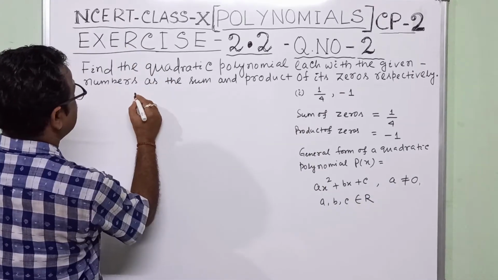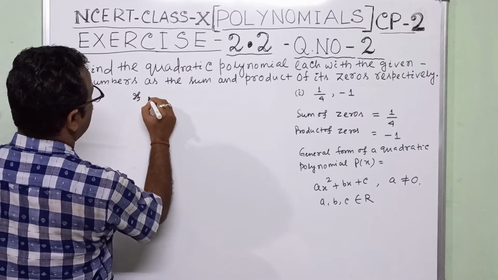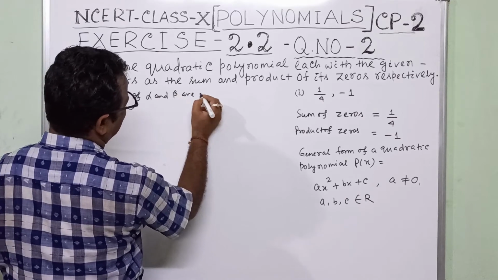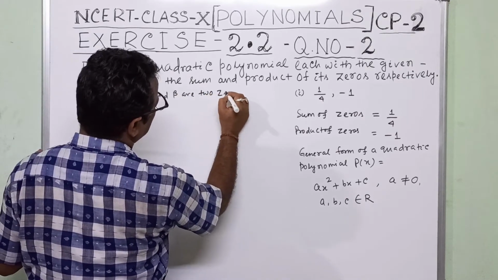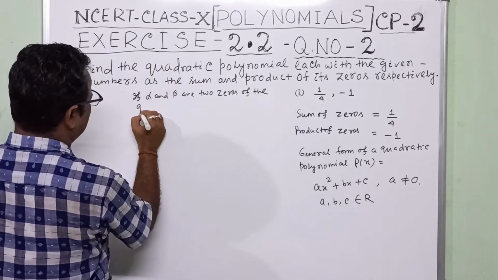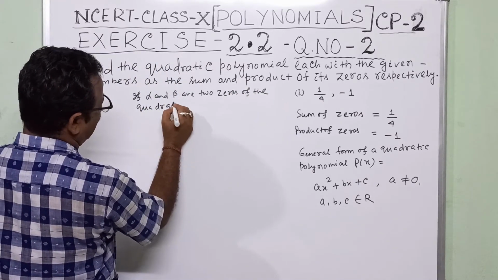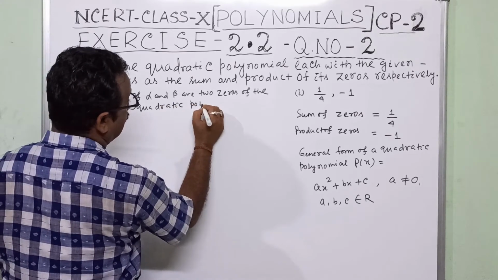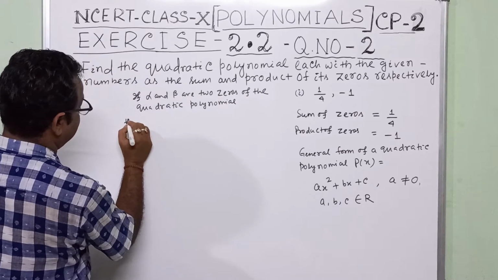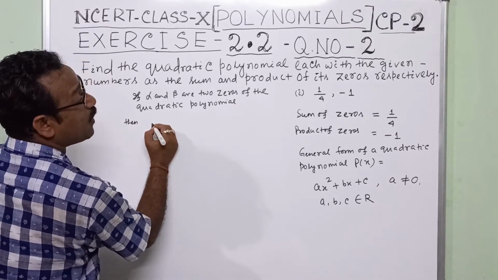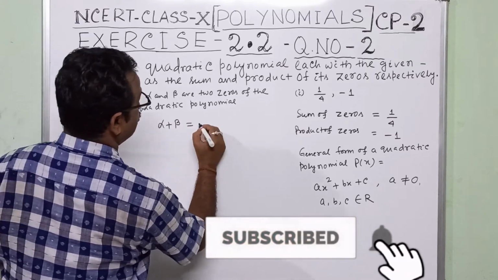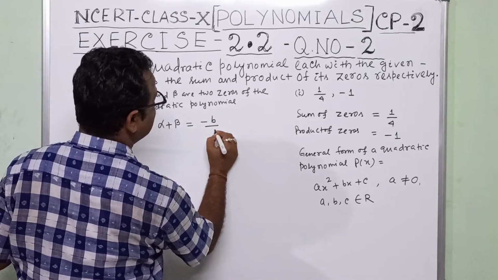Now we know if alpha and beta are two zeros of the quadratic polynomial, then sum of zeros, alpha plus beta is equal to minus b by a.